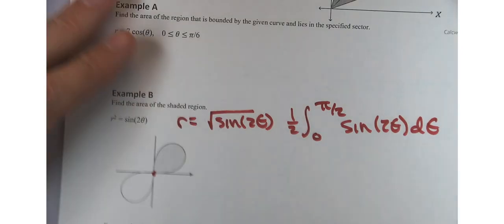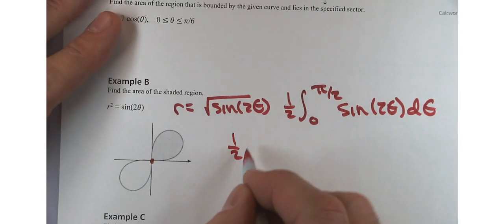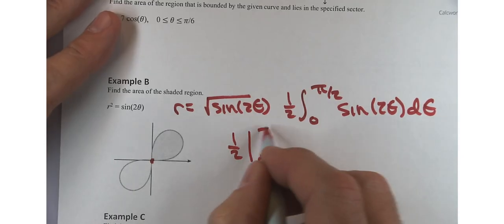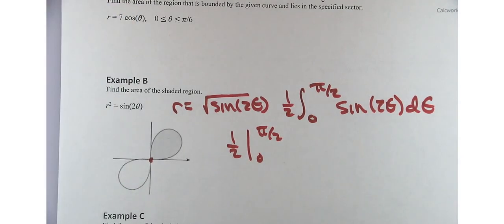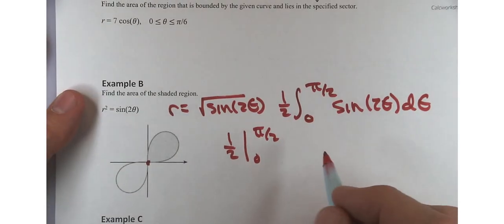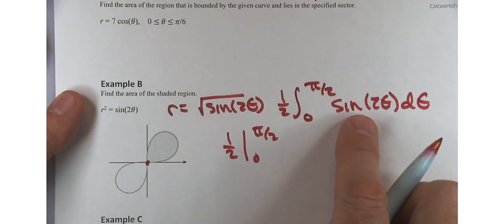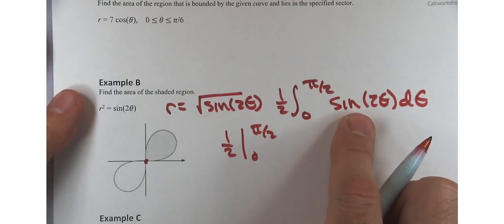How about the antiderivative for that one? What's that going to be? 1/2 cosine theta. Nice. Yeah, there's a negative in here, right? Because the derivative of cosine is negative sine.